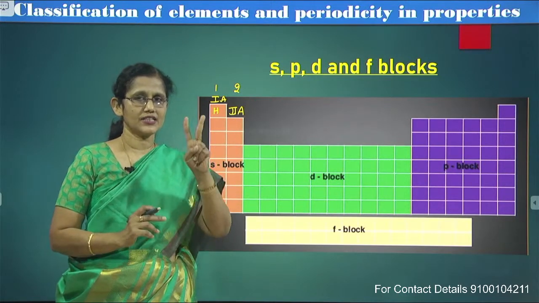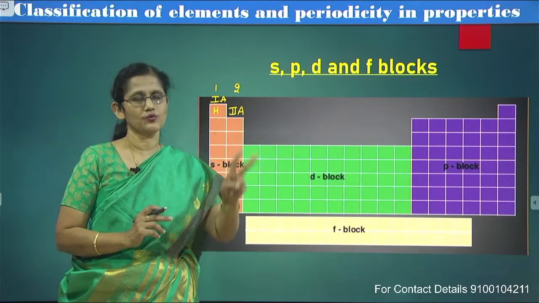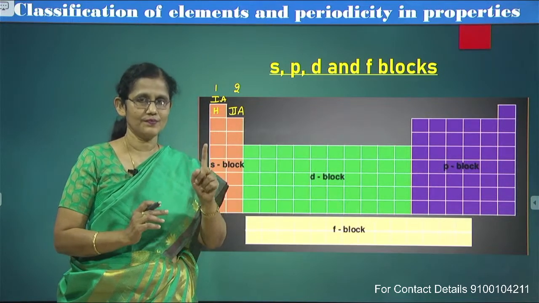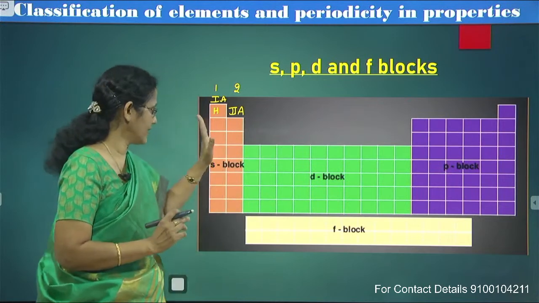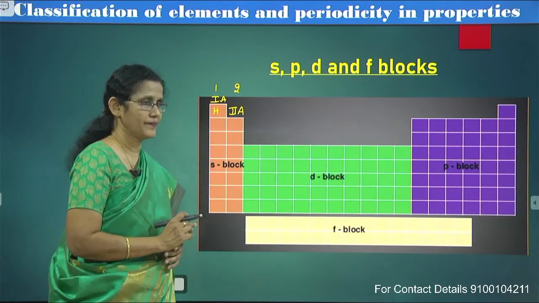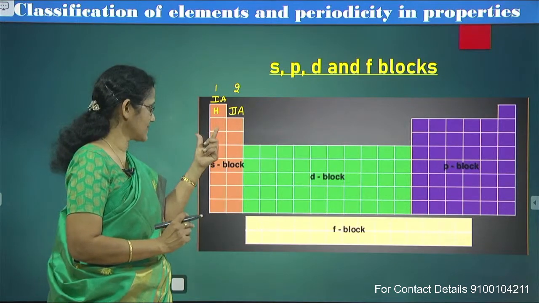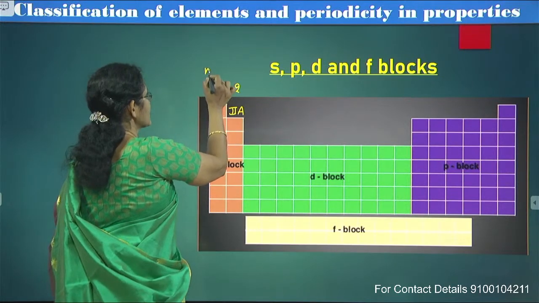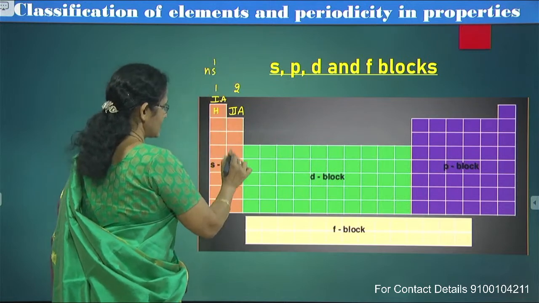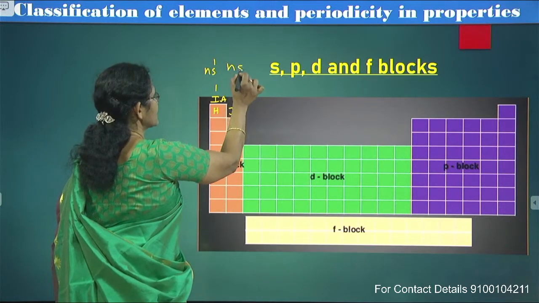So, S block contains 2 groups. What are they? First group and second group, 1A group and 2A group. What is their valency configuration? When I say first group, ns1; when I say second group, ns2.